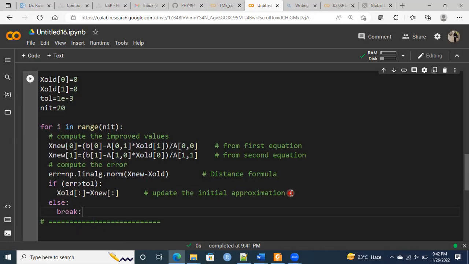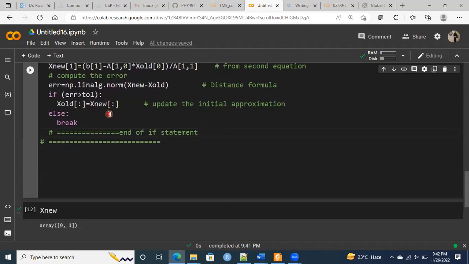So break the loop, and that's the end of if statement. So let's see how many iterations have been performed by the computer.